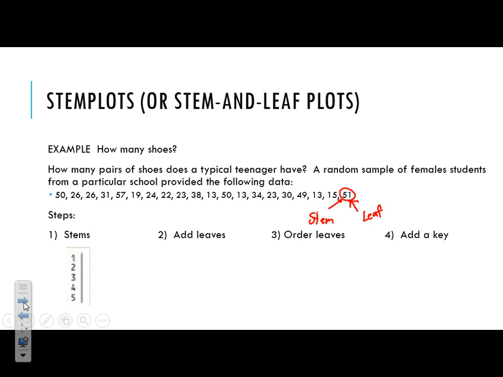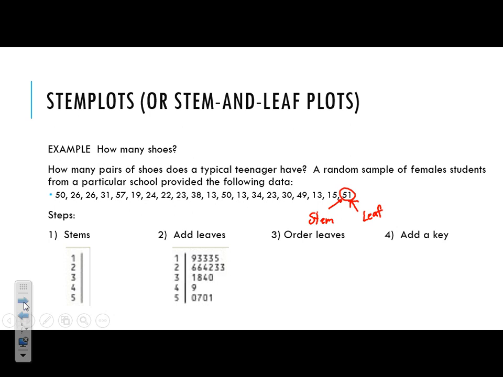So we need stems of 1, 2, 3, 4, and 5, representing 10s, 20s, 30s, 40s, and 50s. Our next step is we're going to go through our list of numbers and assign leaves to their appropriate stems. And when we do that, we should get a picture similar to this.